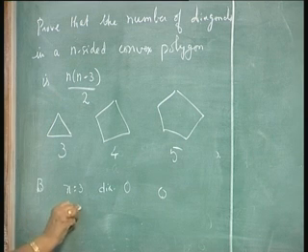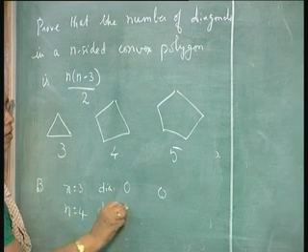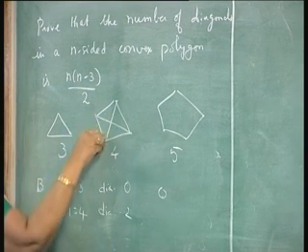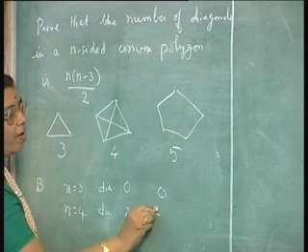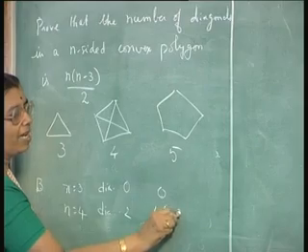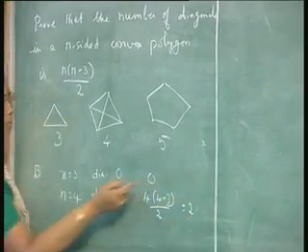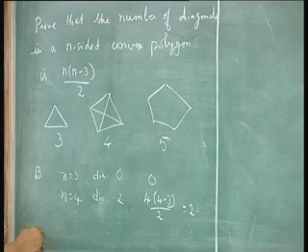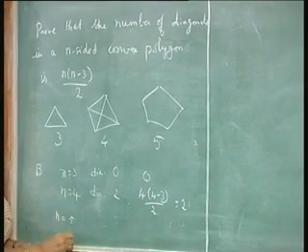When you consider a quadrilateral, the number of sides is 4 and the number of diagonals is 2. You will have 2 diagonals like this. So, use 4 in this equation, you will get 4 into 4 minus 3 by 2, which is 2. So, it verifies this result. Now, consider n equal to 5, it is a pentagon.